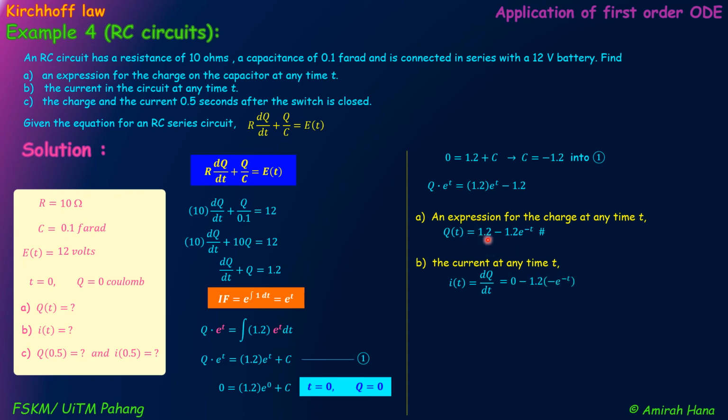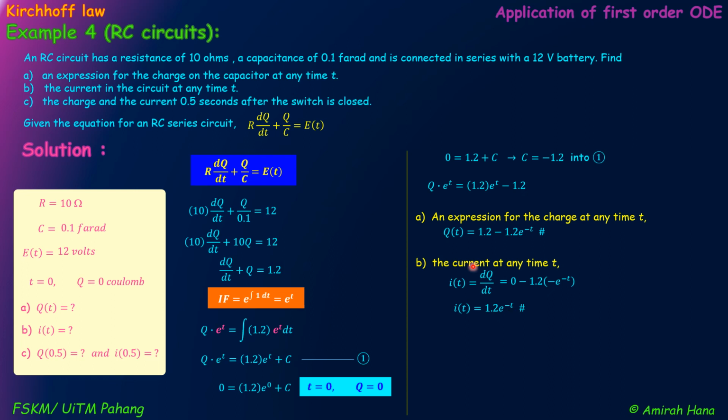After we differentiate, differentiating the constant 1.2 gives 0, and then minus 1.2 times the derivative of e to the power of negative t, which is negative e to the power of negative t. After that we simplify. We get negative 1.2 times the negative sign, so we get positive 1.2 e to the power of negative t.